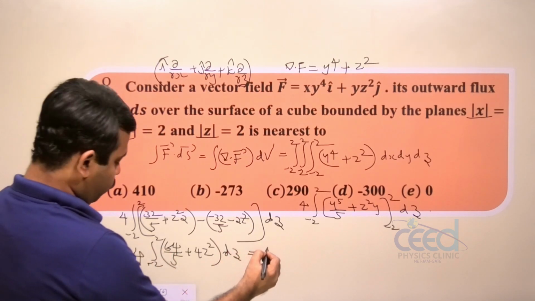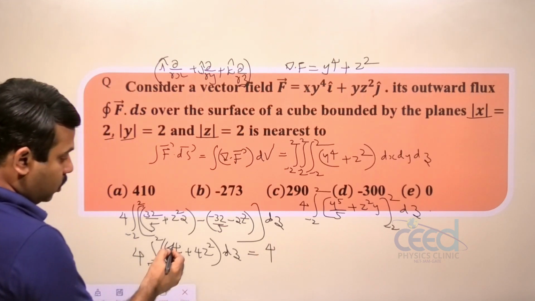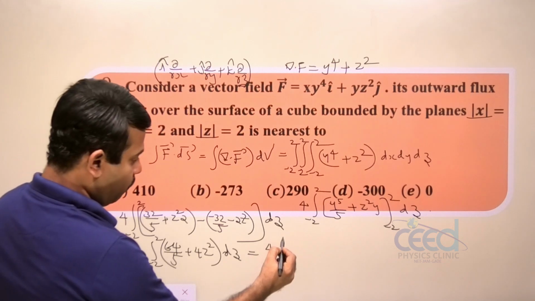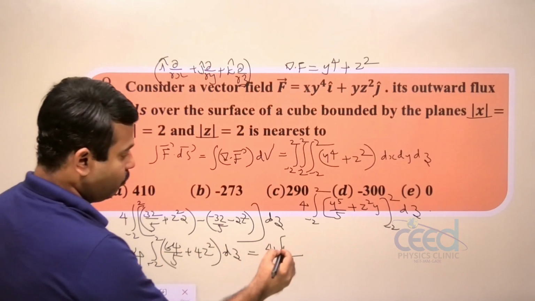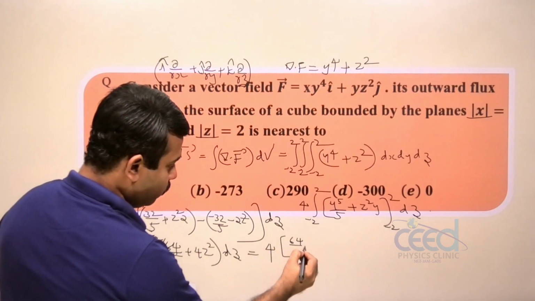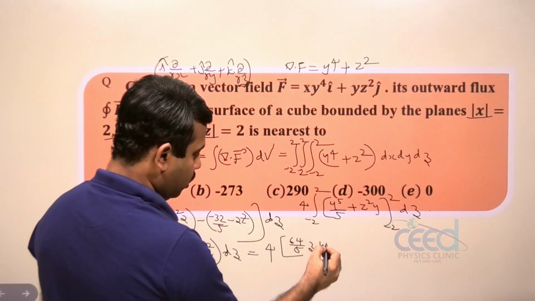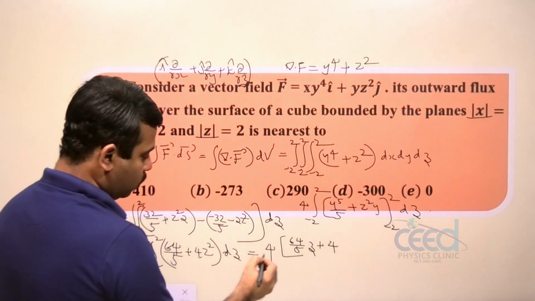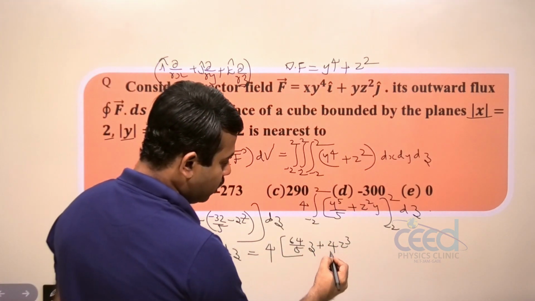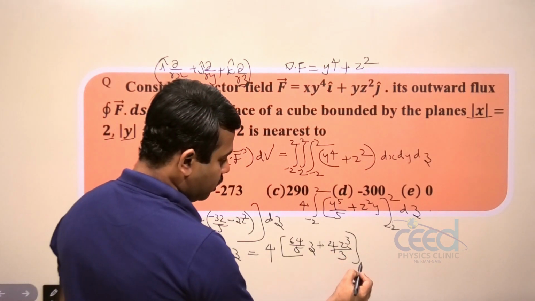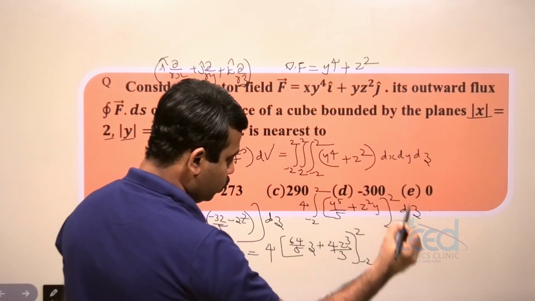So what you get, 4 into, with respect to z, what I get is 64 by 5 z, and 4z square on doing 4z cube by 3, right, z cube by 3, and then the limit is minus 2 to 2.